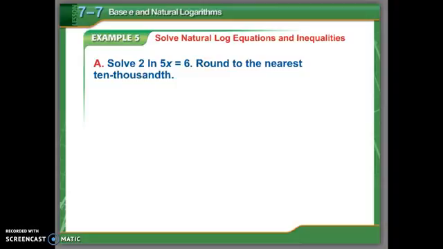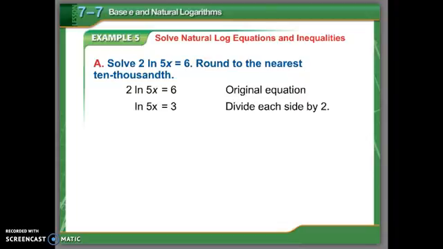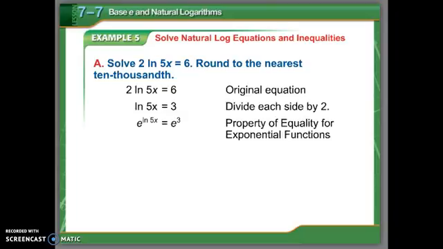All right, example 5, we have the equation 2 natural log 5x equals 6. We're going to round our answer to 4 decimal places. So here, first thing we're going to do is divide both sides by 2. Then we're going to have e to each side.